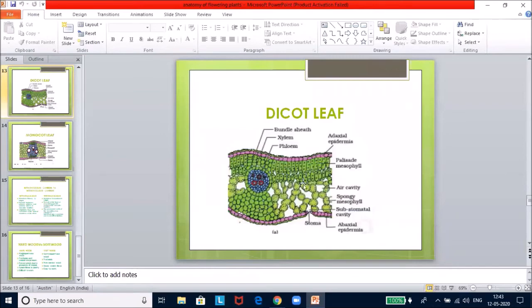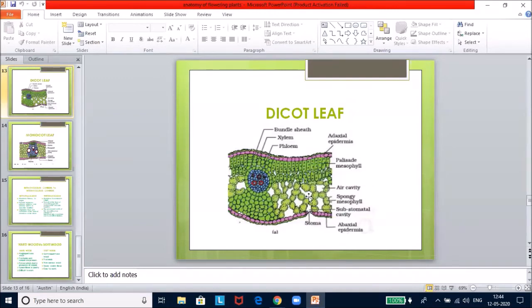Mesophyll tissue is the tissue between the upper epidermis and the lower epidermis. Chloroplasts are found in the mesophyll and they help in photosynthesis. Here can you see two kinds of cells, which are long, elongated, column-like structures. These are called the palisade mesophyll or palisade parenchyma cells.